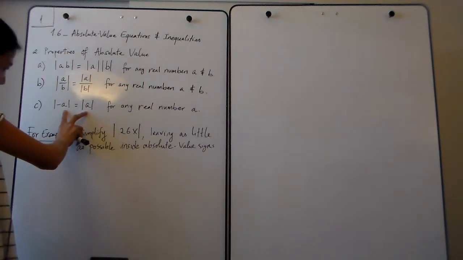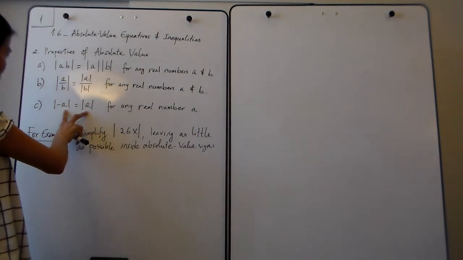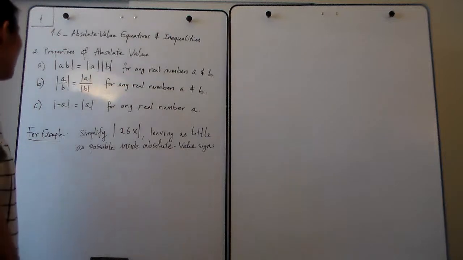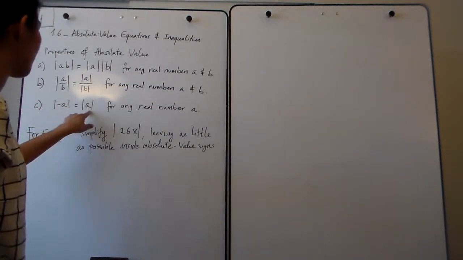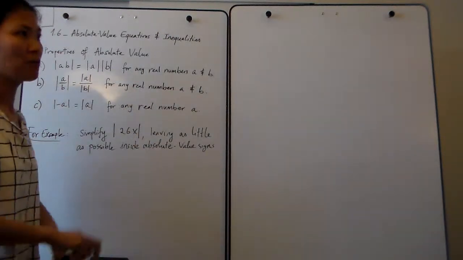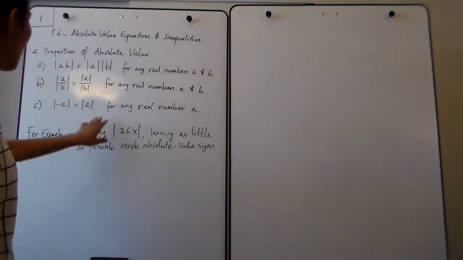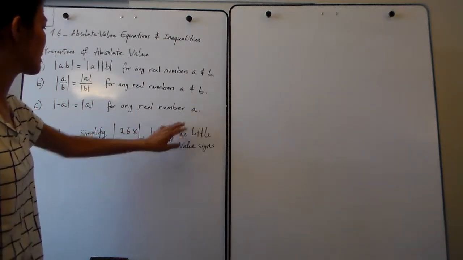Because these 2 numbers are opposites inside. Absolute value of negative A and positive A are equal for any real number A.